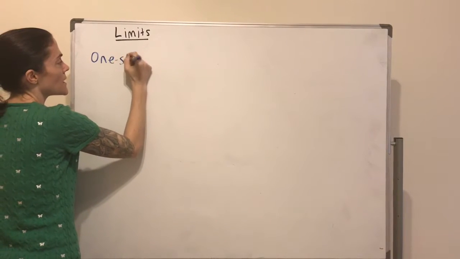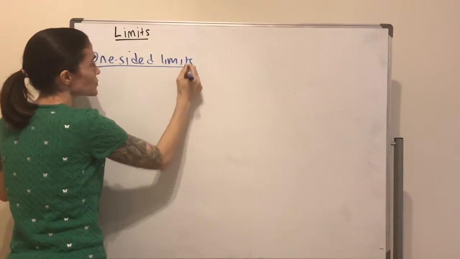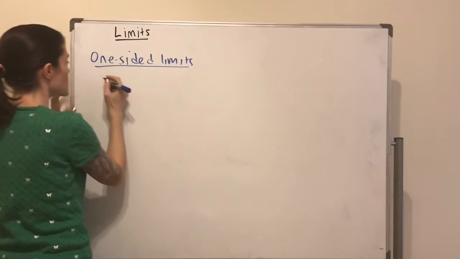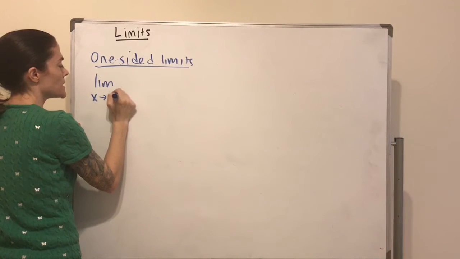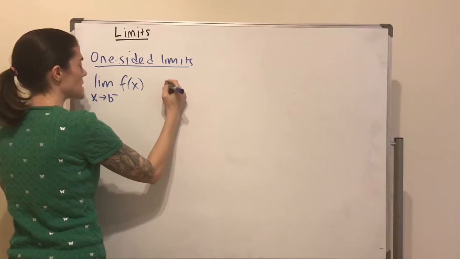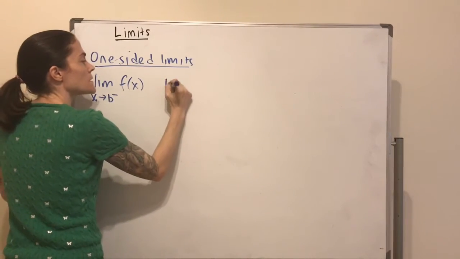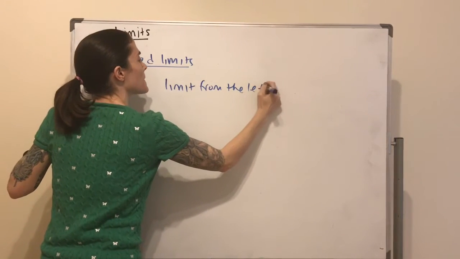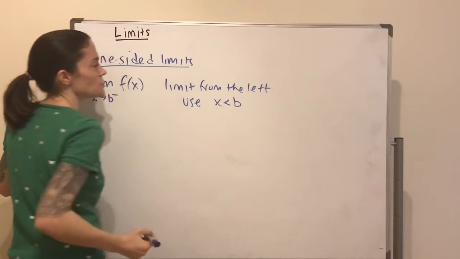So we saw one-sided limits, and as I mentioned, through calculating one-sided limits at two different x values, we write them like this. We have the limit here. This is the limit from the left. And you use x less than b to compute this limit.